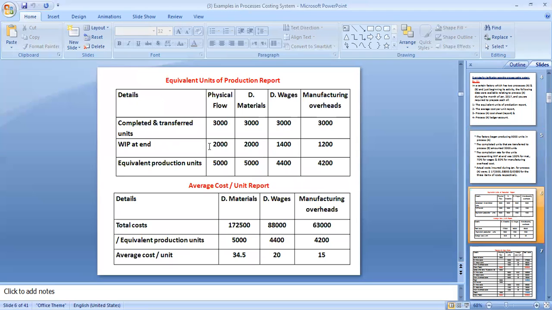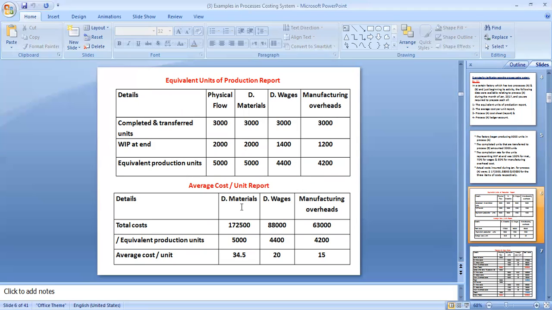The work in process at the end, 2,000 physical flow, 100% direct material, 2,000 direct material, 70% for direct wages, 2,000 times 70%, 1,400, then 60% regarding manufacturing overhead, 2,000 times 60%, 1,200. Then this is the total equivalent units of production as we calculated.